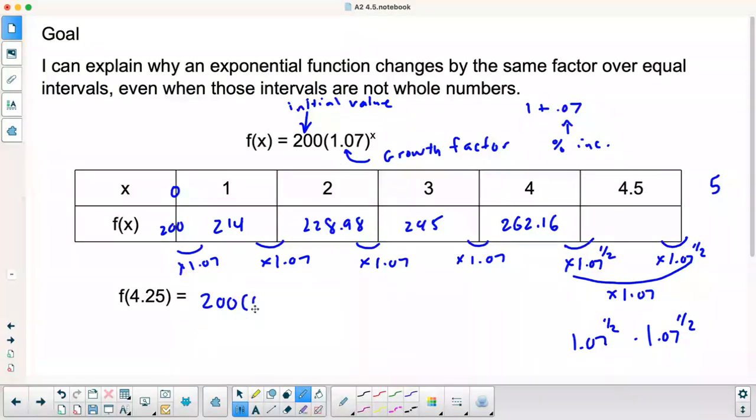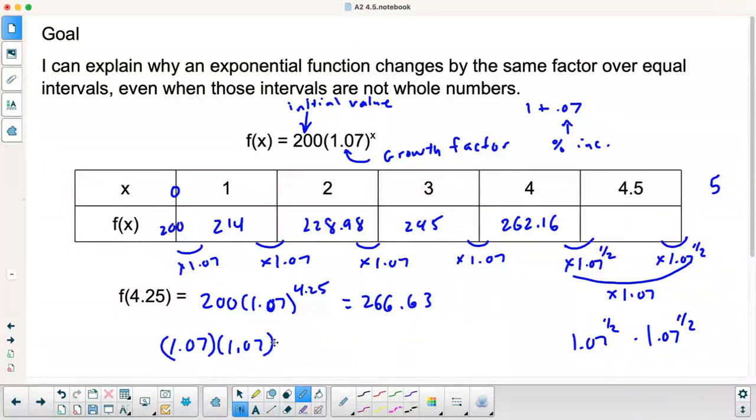It'd be 200 times 1.07 to the 4.25, and I would get my number, 266.63. If I didn't have a function, though, if I just said I start at 200 and every whole number I increase, my rate of change is 1.07, you'd think of it as times 1.07.